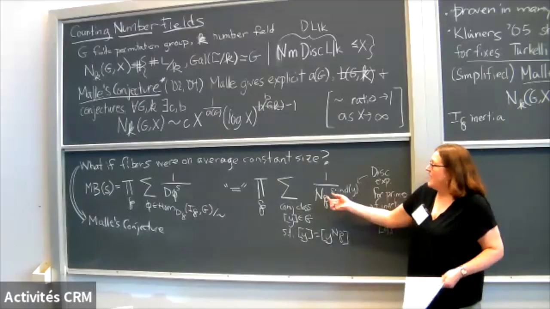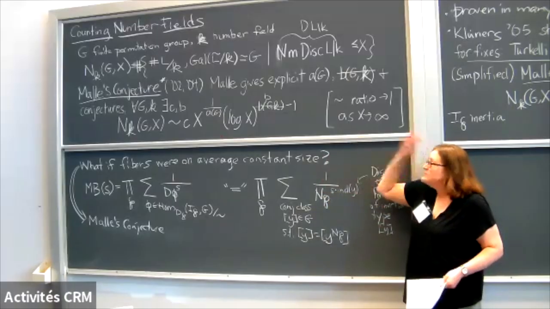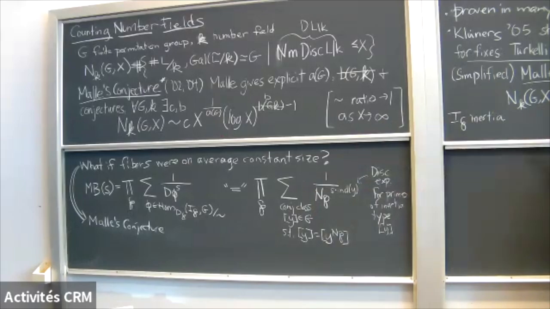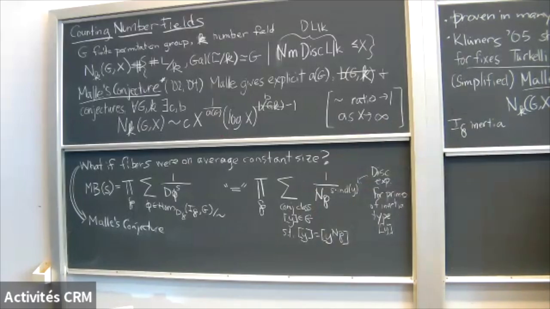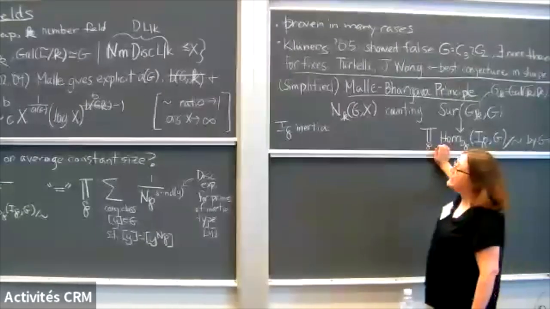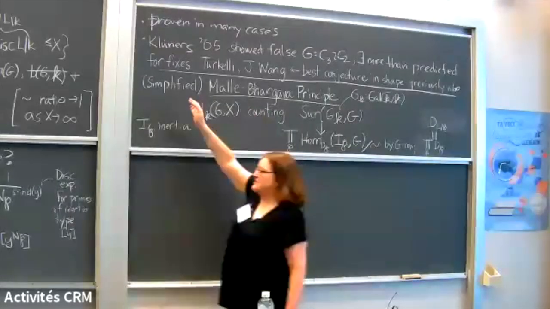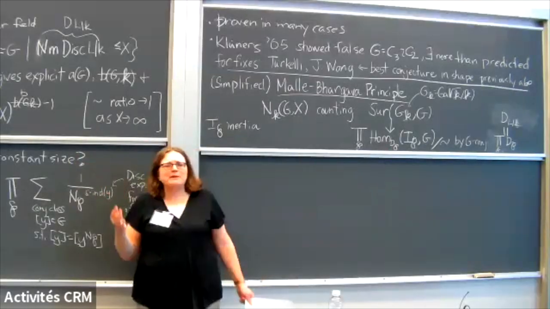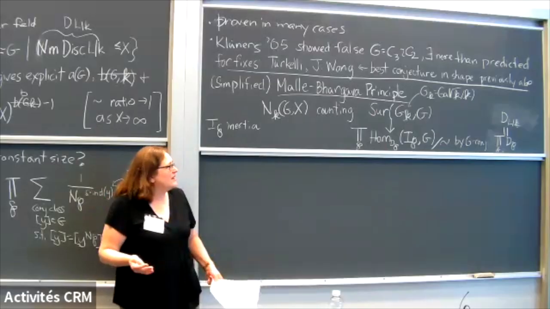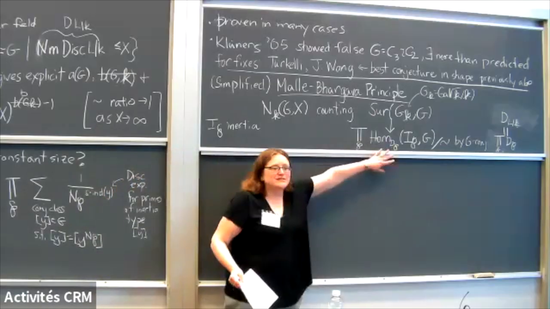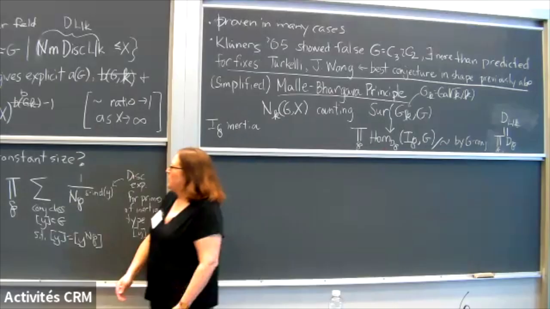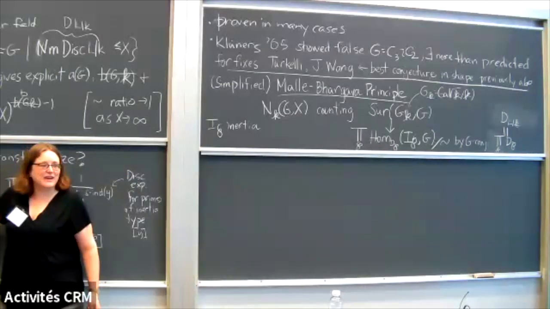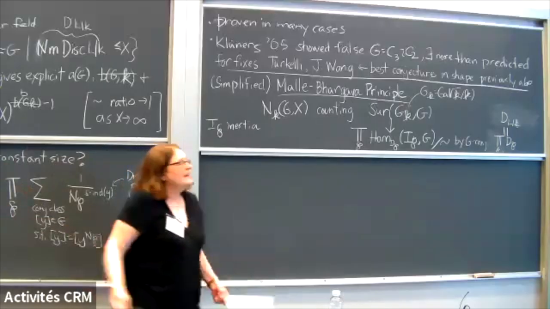Now that I have stated it this way, it's clear that this principle can be extended greatly. As I said, this is a very simplified version of it. If you wanted to impose some local conditions, that means you only care about subsets, so you would just replace this sum with the subset that you care about, and then see what you get.